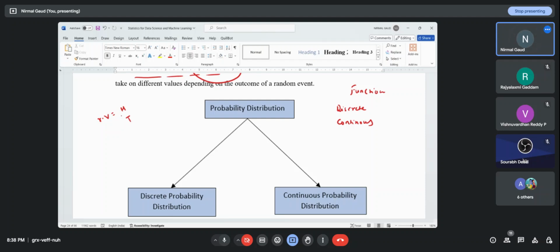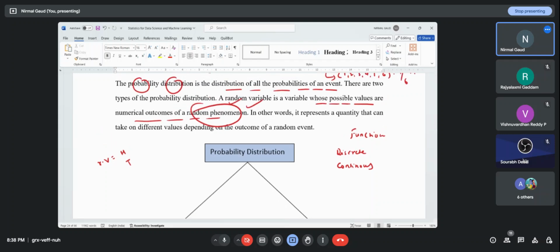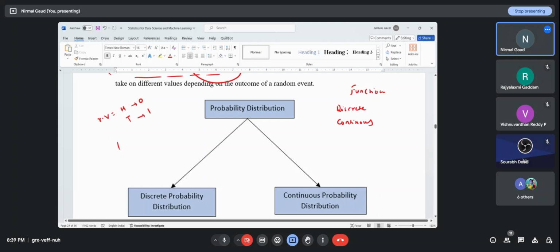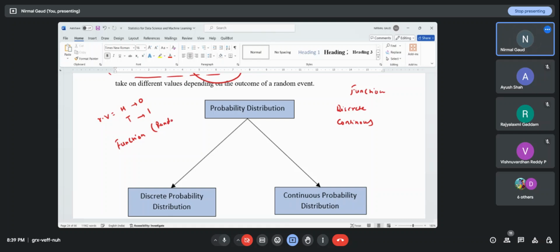As per the definition, any numerical outcome, say head as 0, tail as 1, on the basis of a random phenomenon. How are we going to define a random phenomenon? It's a function actually. A random phenomenon is a function, and the random variable is defined over this function.